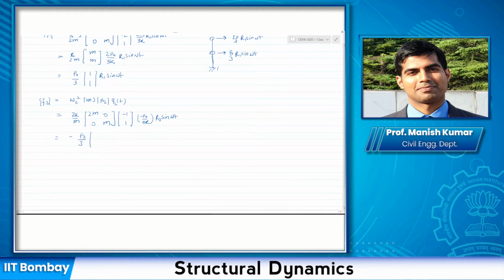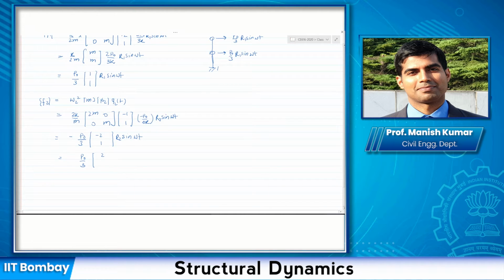And here I will get minus 2m and m, and R2 sine omega t. So finally I get P0 by 3, not m. M is already cancelled off. So this is 1 here.